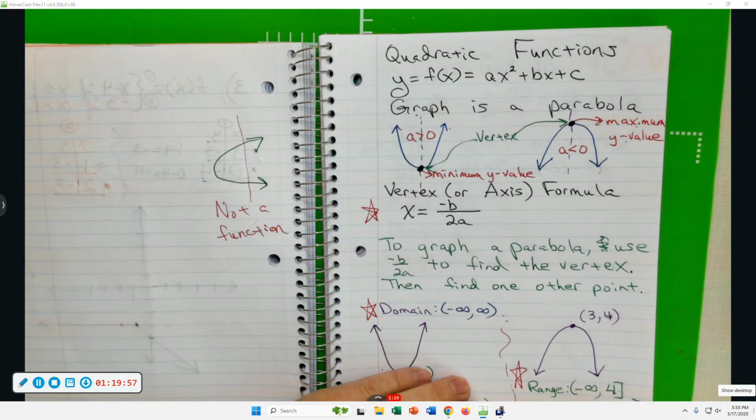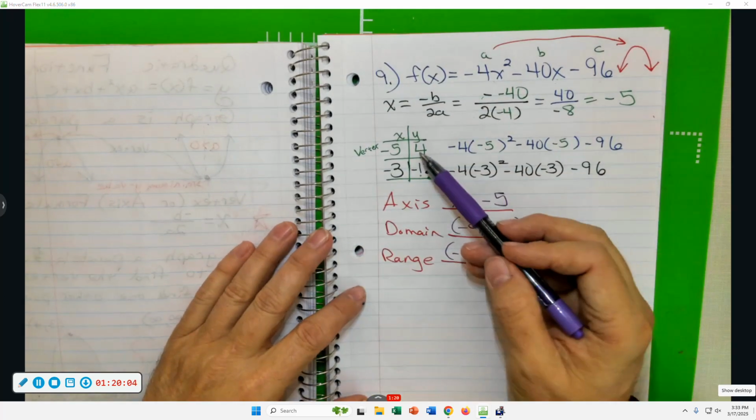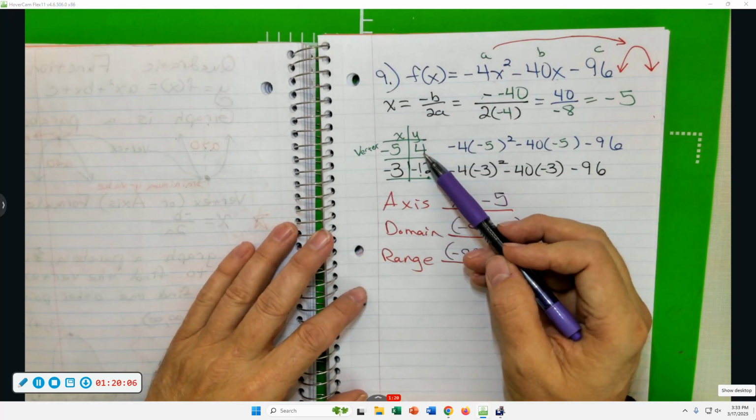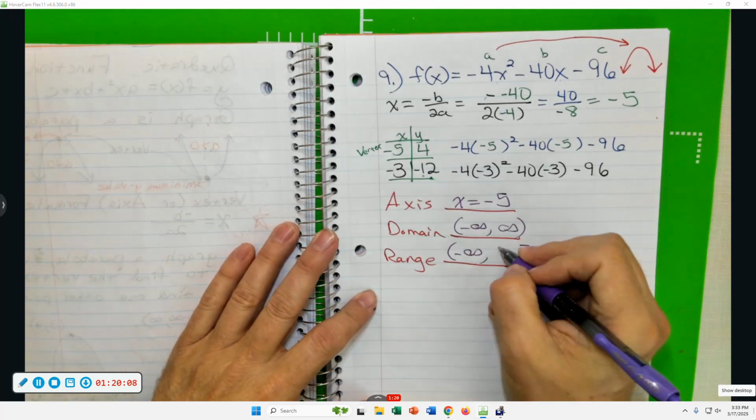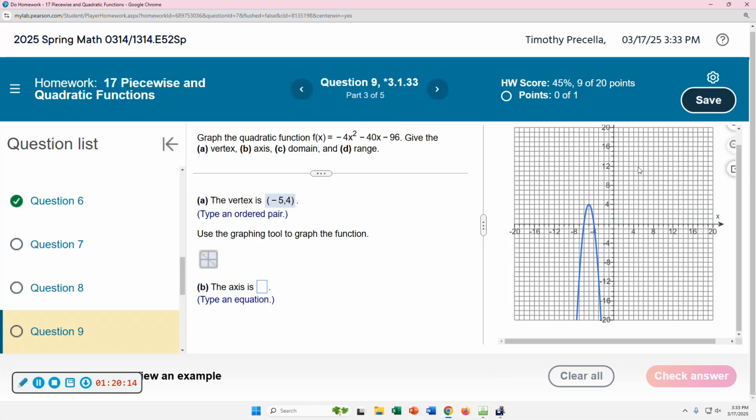How do you determine that? It's the y-coordinate of the vertex. This parabola, the biggest y-coordinate on that graph is a 4. Look at the picture we drew. There's that top point. The y-coordinate is a 4.